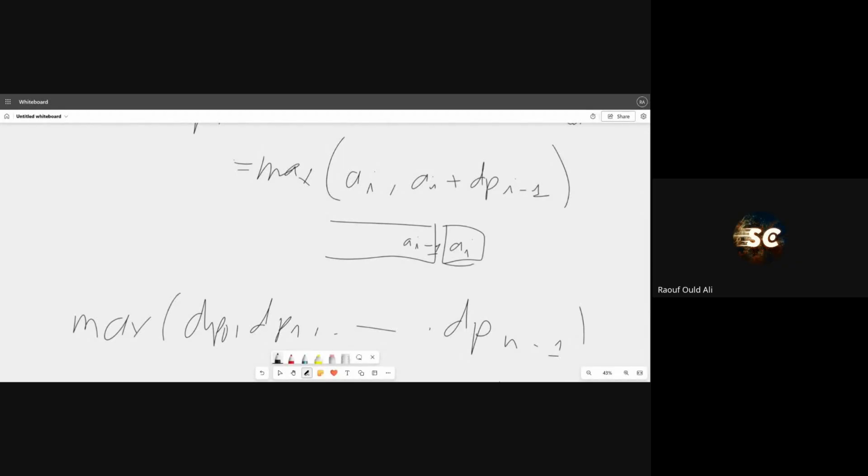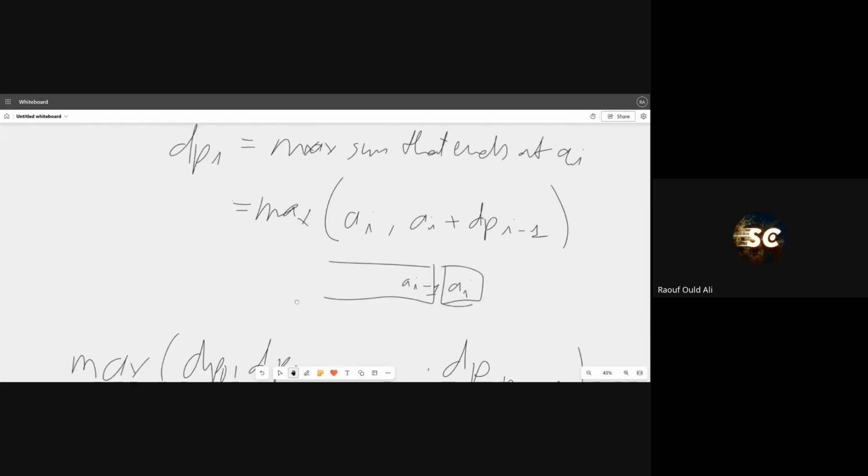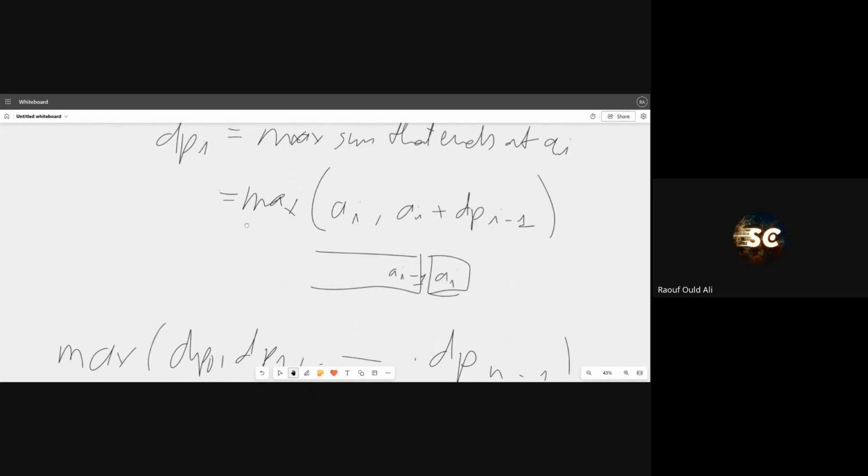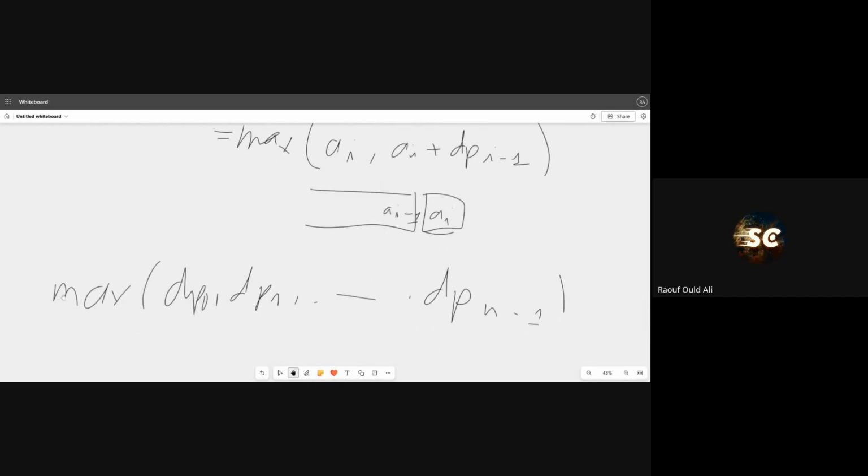So, as I was saying, after computing the answer for every i from 0 to n minus 1, we just take the maximum over them. And this will be the final result to the problem.